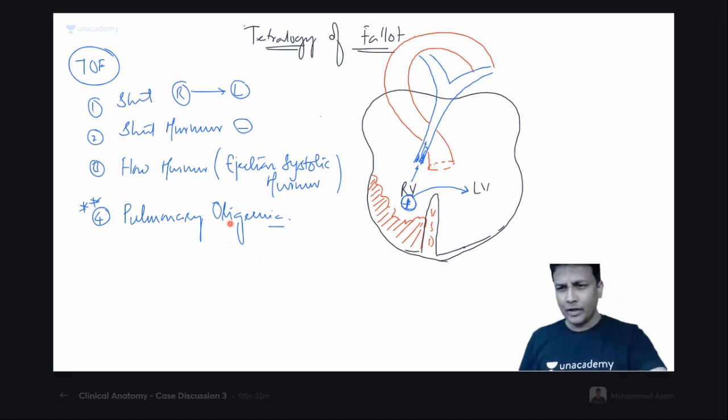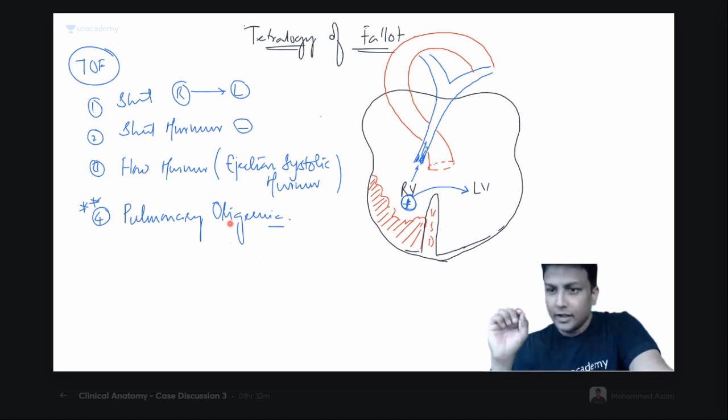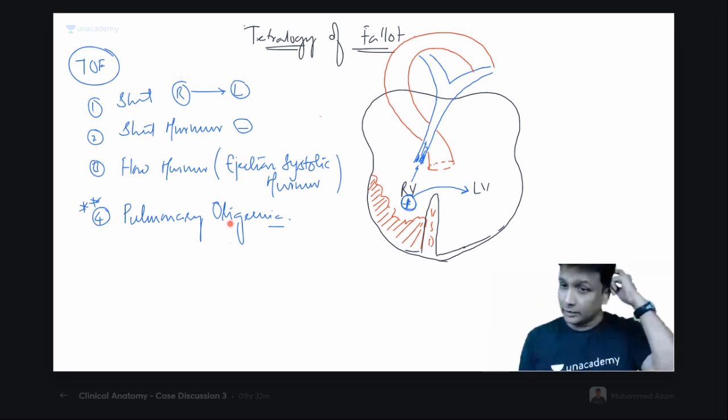Tell me, in a patient suffering from tetralogy of Fallot, will you be able to find cyanosis on day 0, right on the day of birth? Come on, my dear friends, I want an answer from everyone. Yes or no?